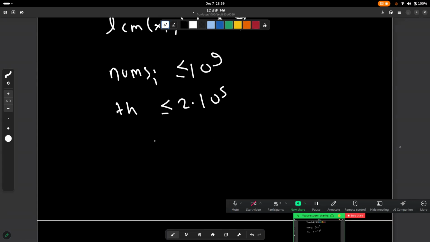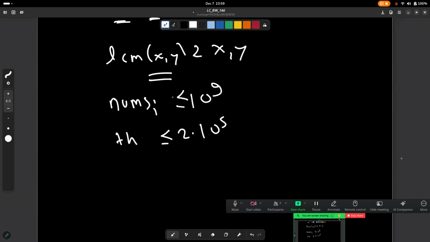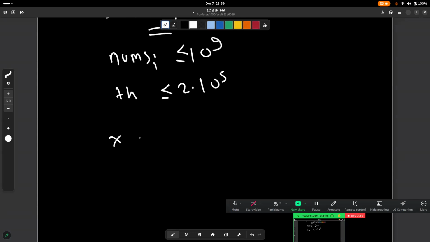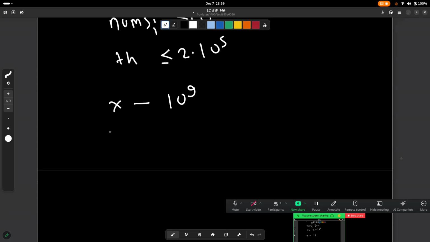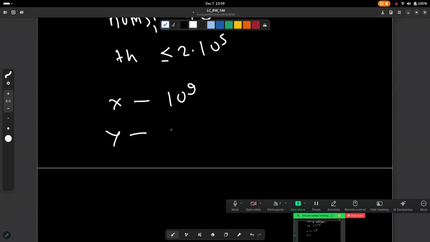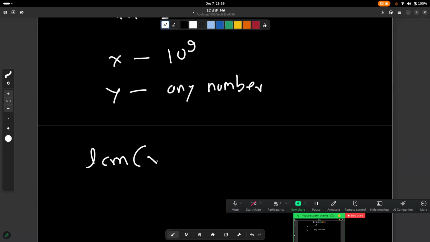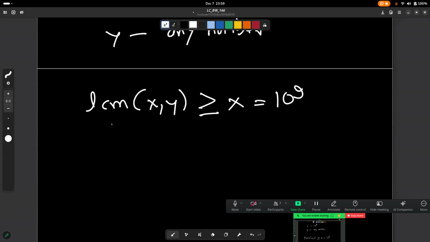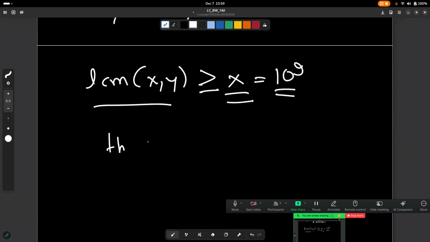But actually what this says is that if I have a certain number x, which is say 10 raised to power 9, no matter what y is, it can be any number, then LCM of x and y will be greater than or equal to x, that is at least 10 raised to power 9. But my threshold is at most 2 times 10 raised to power 5 in any case.